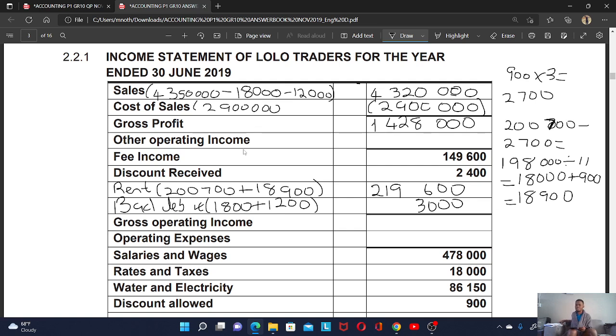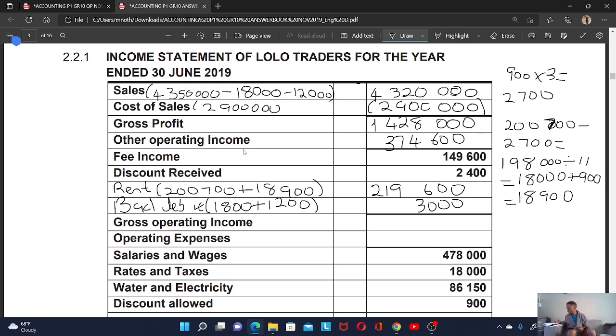So now we have to add the incomes. So it's 219,600 plus 3,000 plus 2,400 plus 149,600. The answer is 374,600.